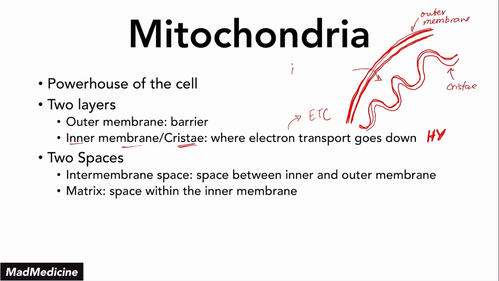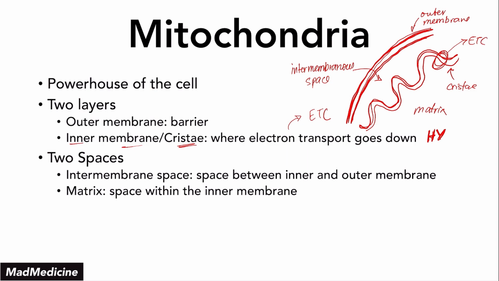This is your intermembranous space. And this is your matrix. Okay, keep in mind that the cristae right here is where the electron transport chain goes down.